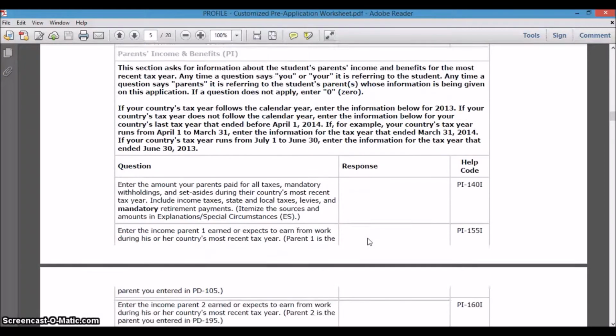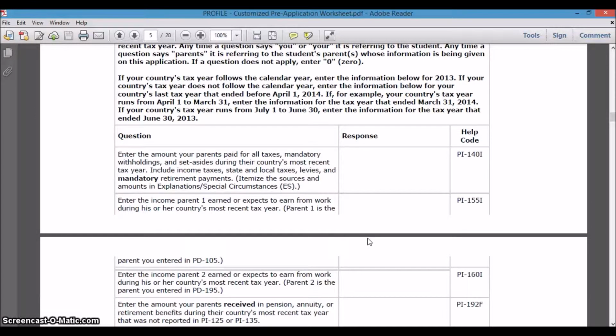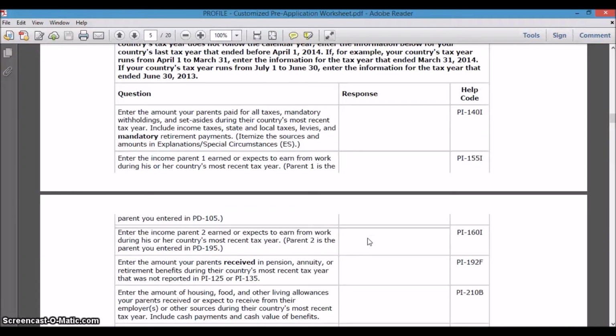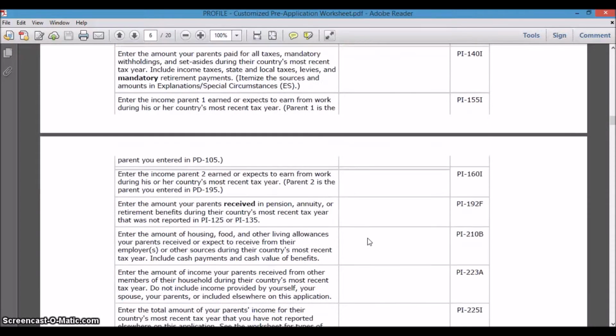The other one is to enter the income parent 1, your mom or your dad, earned or expects to earn from work during his or her most recent tax year. So you need to fill out their salary in the previous year and the salary that they're getting this year.